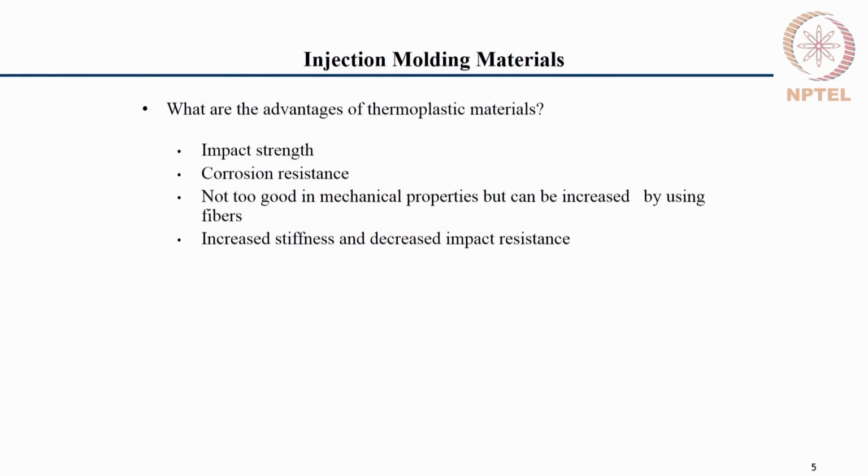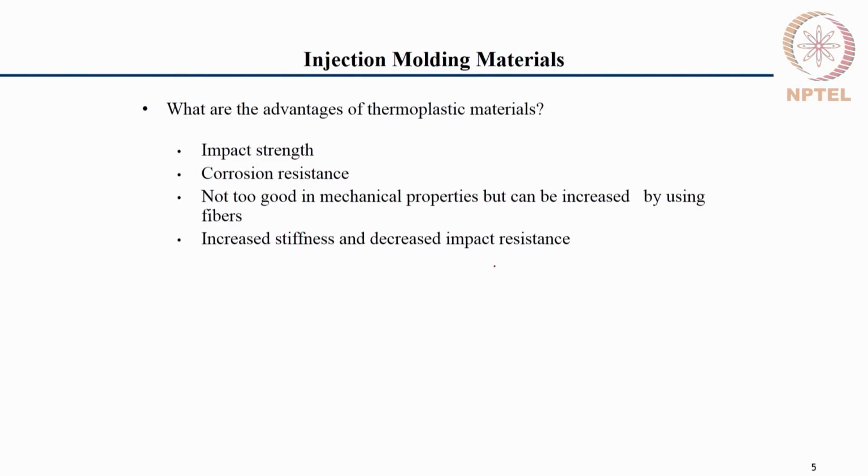Thermoplastic materials are quite versatile, and there are a lot of engineering grade thermoplastic materials that are used. They can be used wherever chemical and corrosion resistance is required, and where we need good strength. The limitations in terms of usage come from the fact that they cannot be used for very high mechanical loads, and also not for very high temperature applications.